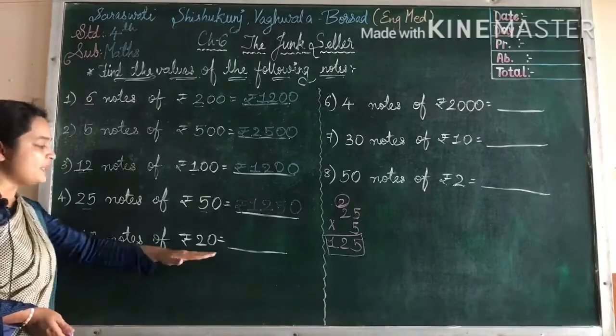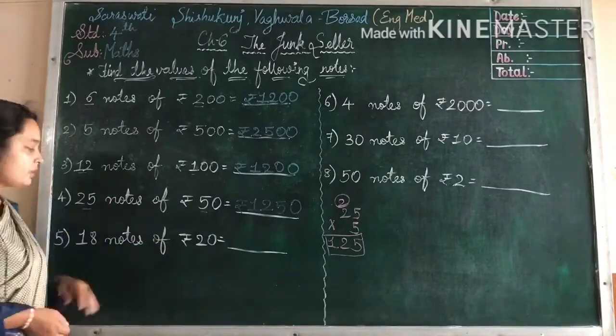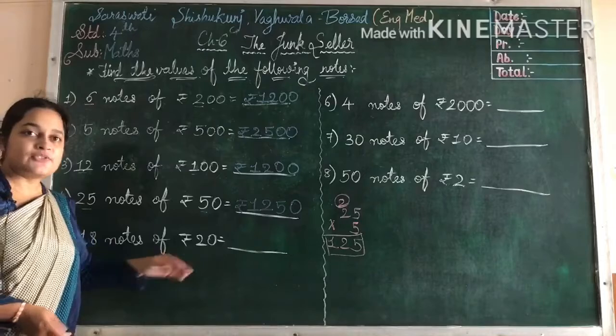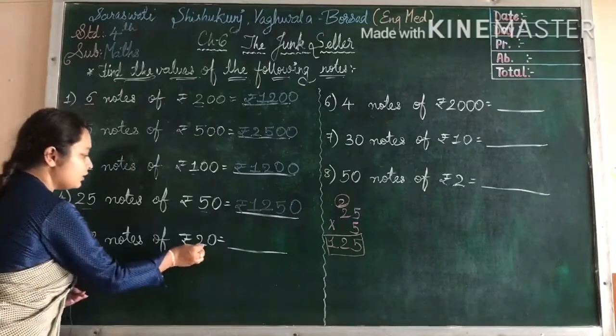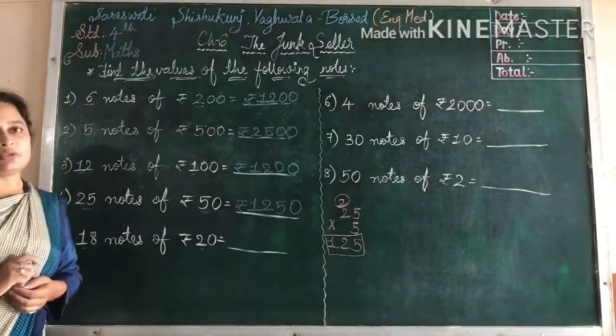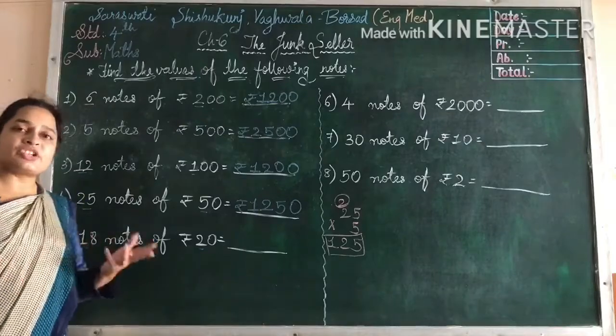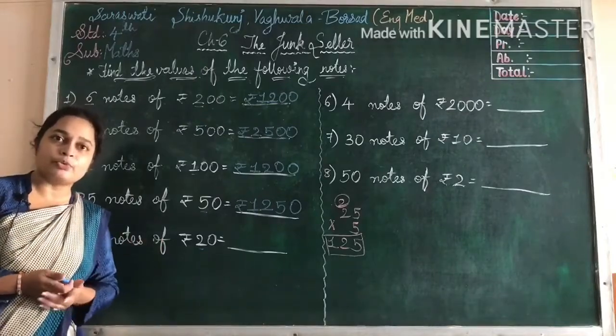The fifth question is 18 notes of rupees 20. It means you need to multiply 2 and 18. If you know the table of 18, then it would be very easy for you.